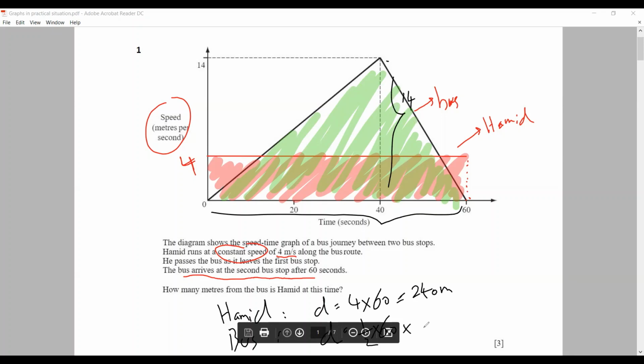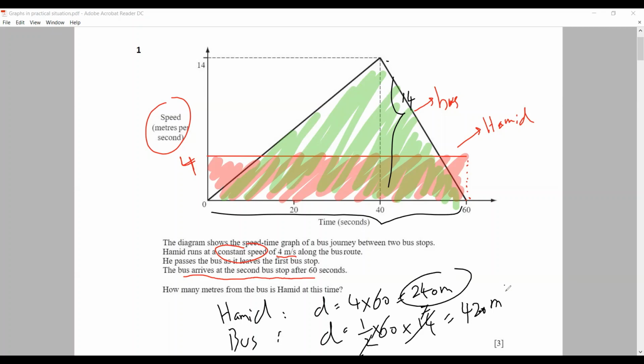That's 14 right there. So that means 420 meters. Now the difference tells us how many meters from the bus Hamid is right at this moment, 60 seconds. So 420 minus 240 is equal to 180 meters apart.